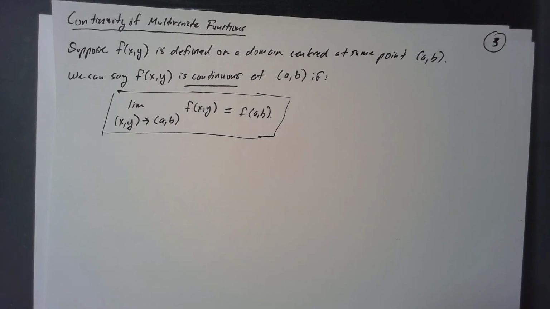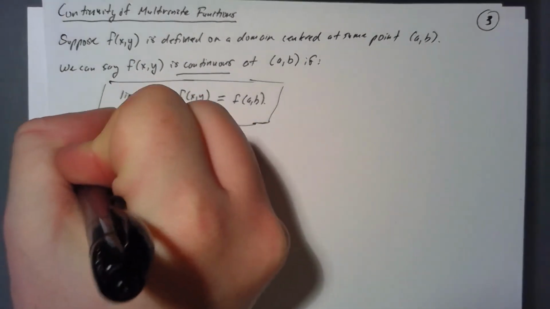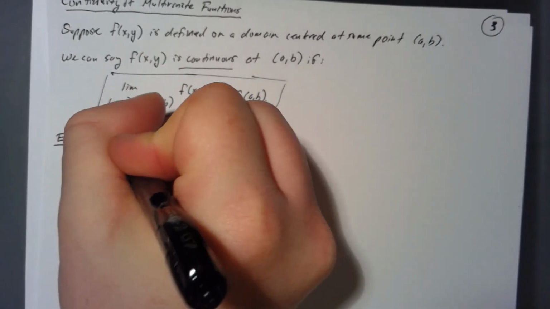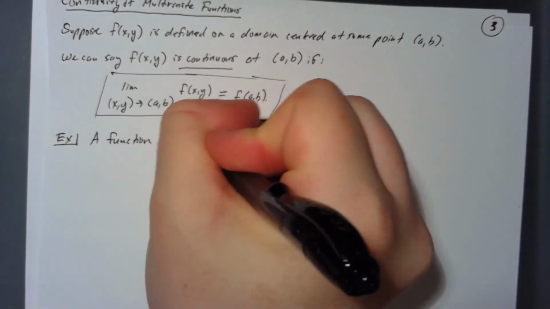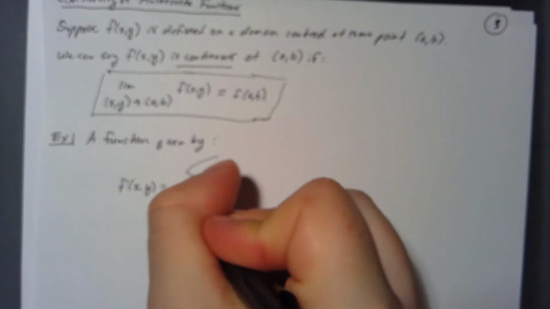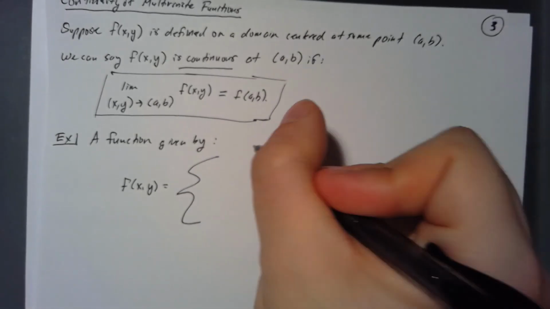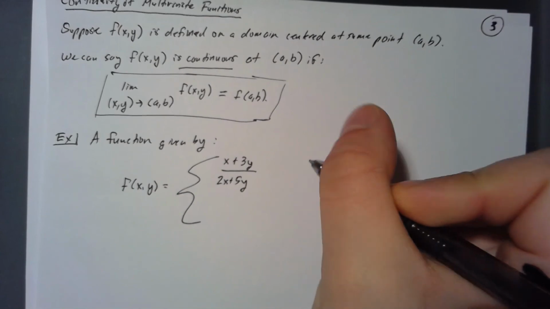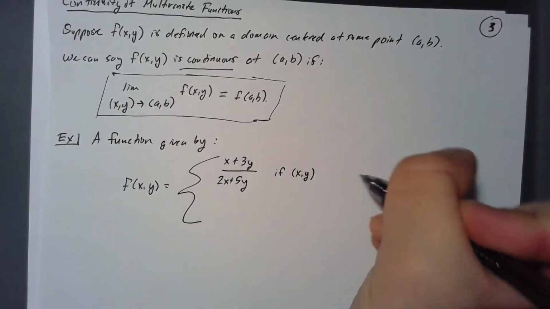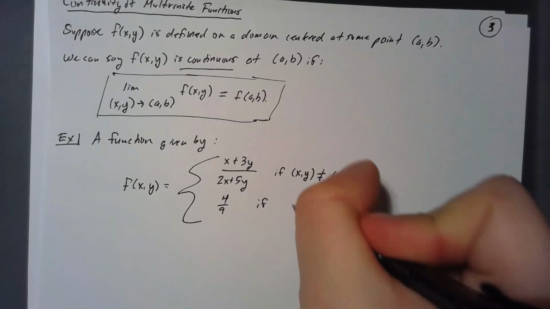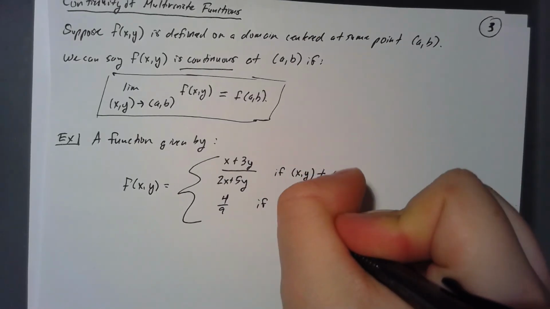So, a little example here. A function given by, so it's piecewise, x plus 3y over 2x plus 5y if x comma y is not equal to 2, 1, and 4/9 if x comma y is equal to 2, 1.